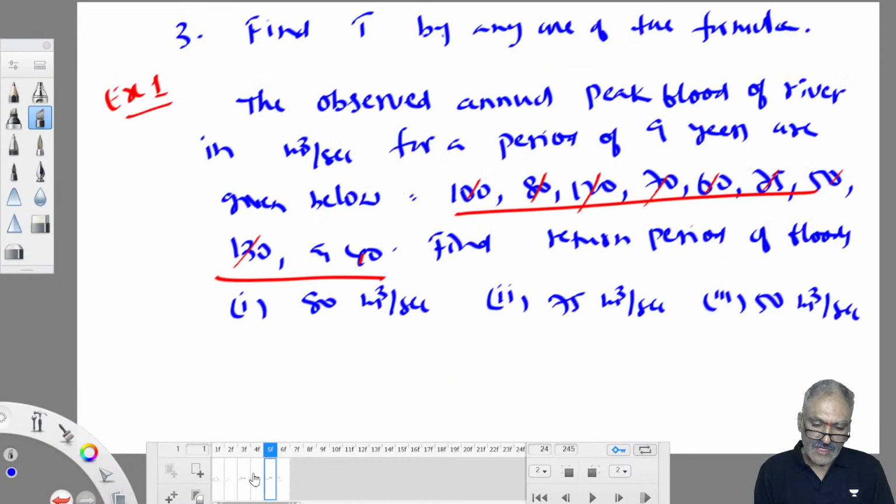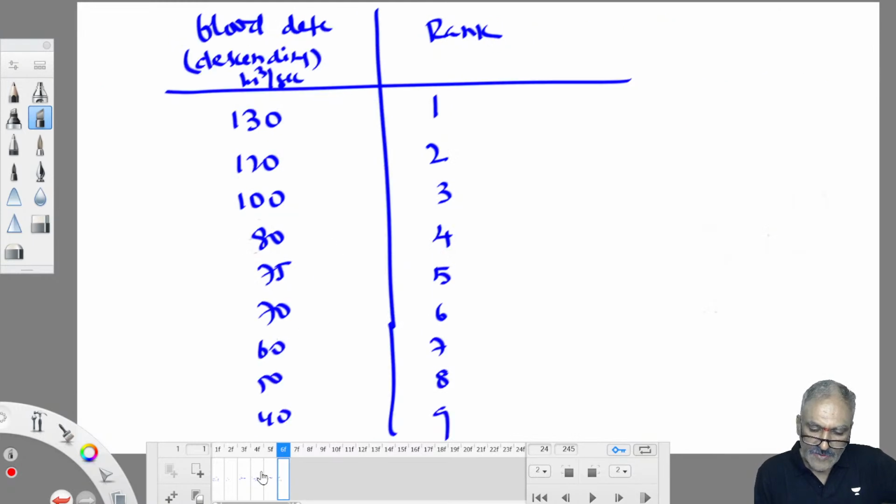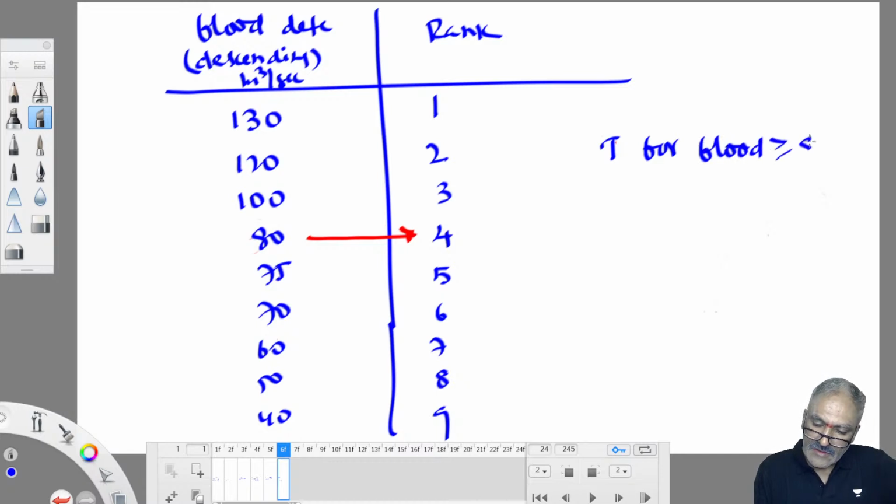What is the question you see now? You have been asked to find the return period for a flood of 80 meter cube per second. Right? That is the first question. For 80 meter cube per second, what is the rank? 4. So the first question solution: I am finding T for a flood greater than or equal to 80 meter cube per second.